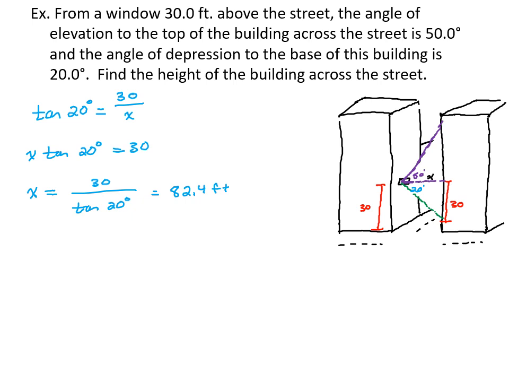So then I have to figure out my other missing side. My other missing side is this height here. I'll call that h. Because now I know what x is. X is 82.4, so I could do another tangent. And you'll notice tangent pops up a lot in word problems. I could do that tangent of 50 is the opposite, which is what I'm calling my h here, divided by the adjacent, which is the x.